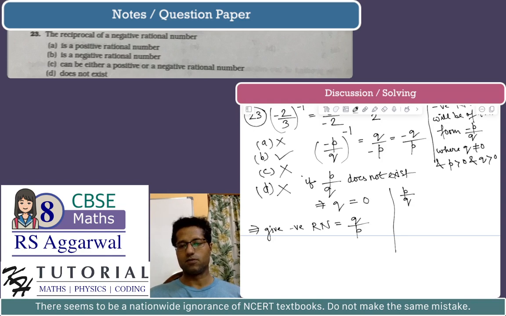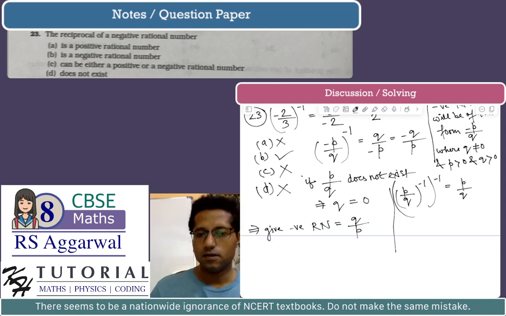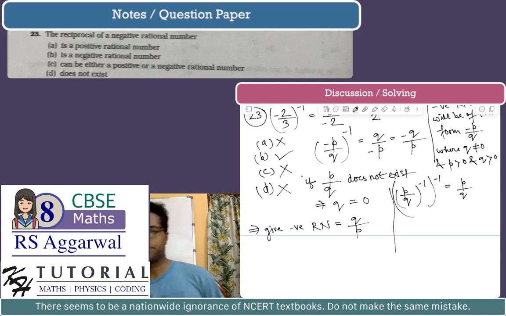What is its reciprocal? It is (p/q) to the power minus 1. Now what is the reciprocal of the reciprocal of p by q? The reciprocal of p by q is (p/q) to the power minus 1, and the reciprocal of this number, you will apply to the power minus 1, and this will be equal to p by q.